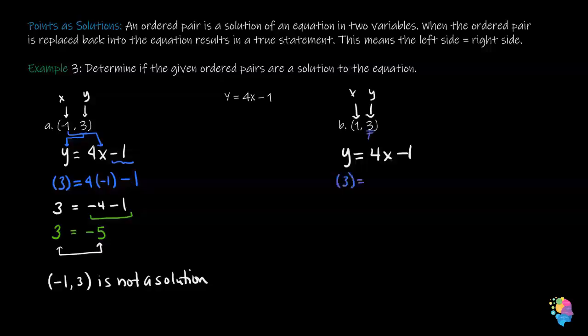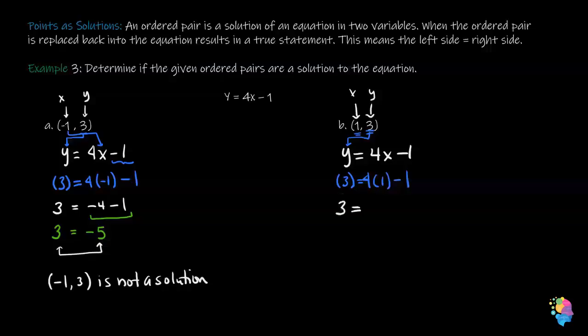Here's the y, I'm just going to replace it. Equals, I have a 4. And then instead of the x, we're going to put that 1. Minus 1. We look at the left side. The left side is just 3. There's nothing outside of the parentheses, so it can be dropped down, giving us a 3.